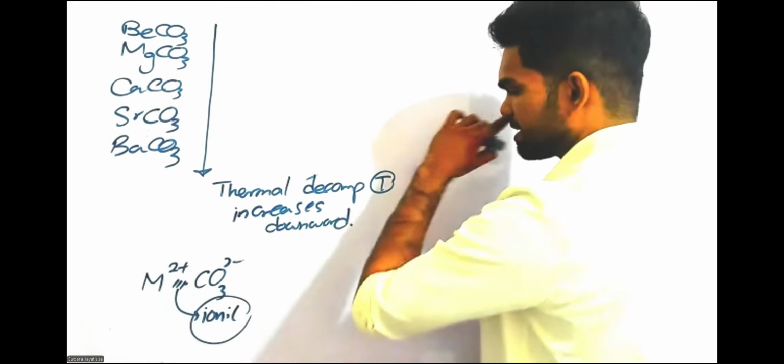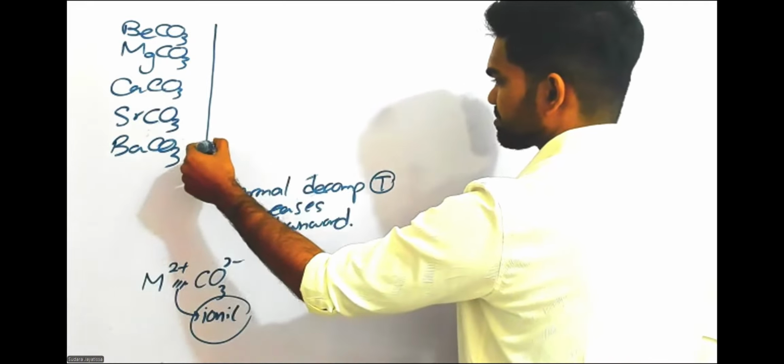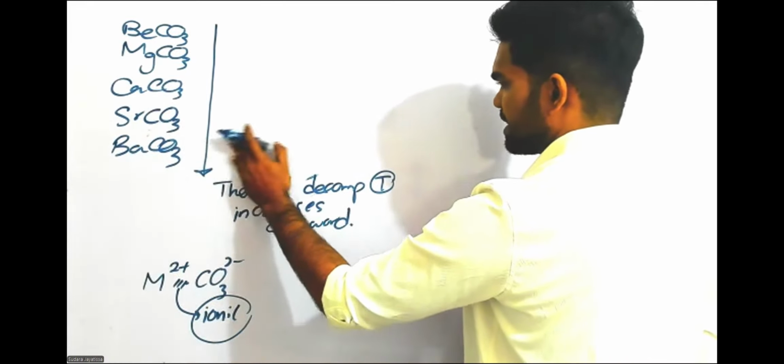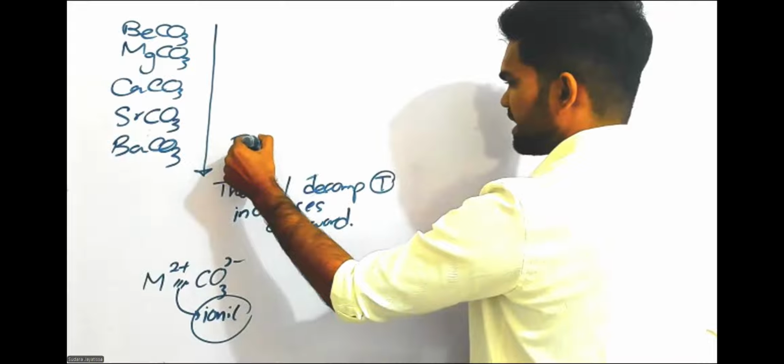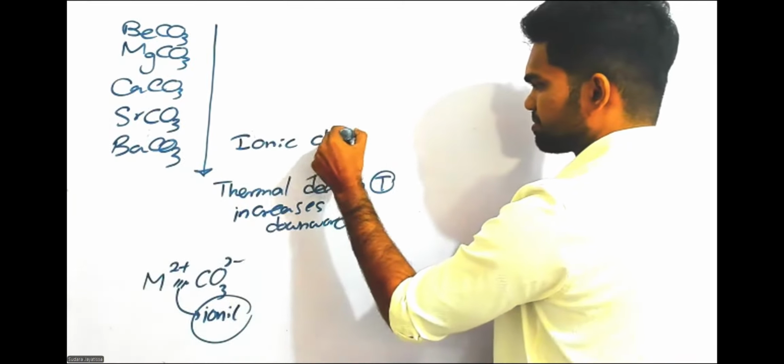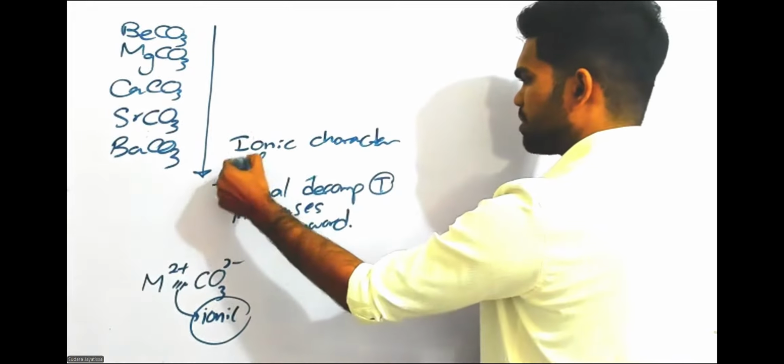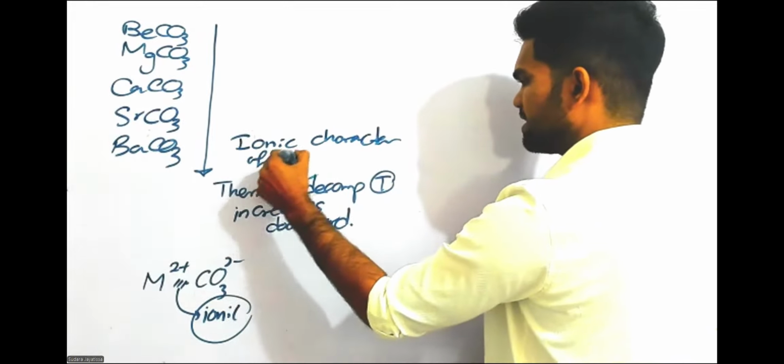So you can say bond nature, or simply ionic character: ionic character of bonds increases. What is this bond I am explaining here? Ionic bond between metal and carbonate.